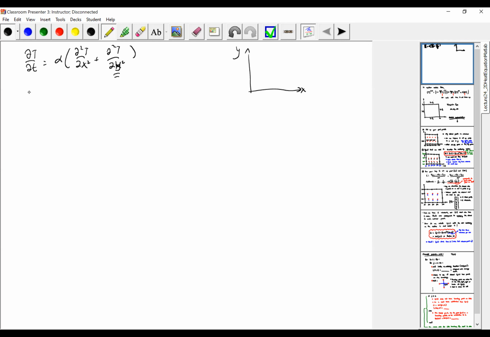Okay, so for this, we actually use the Crank-Nicholson scheme to solve it, in which case you have T_jk at time level n+1 minus T_jk at time level n divided by delta t. And on the right-hand side, you have the central difference scheme for both of your spatial derivatives. Okay, and because it's a Crank-Nicholson scheme, we actually take the average of it.